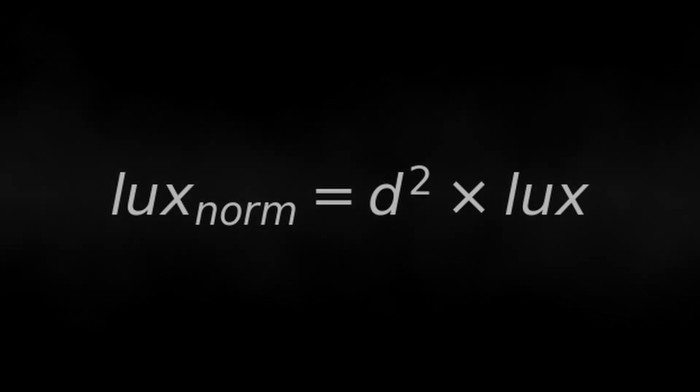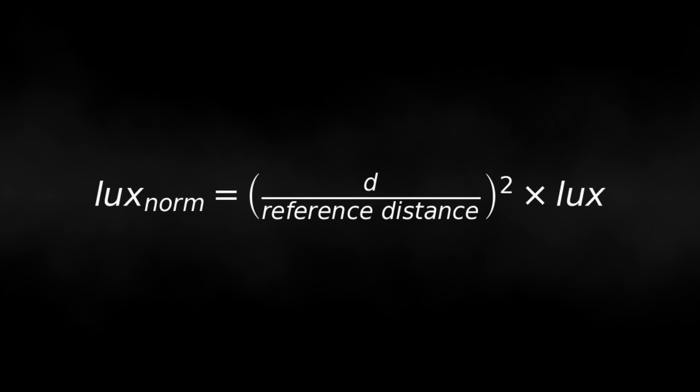Technically, this should be the subject to light distance divided by the target reference distance, and that whole thing squared. However, because we're normalizing to 1 meter, the reference distance is 1 meter. Dividing anything by 1 is itself, so we can simplify the math.